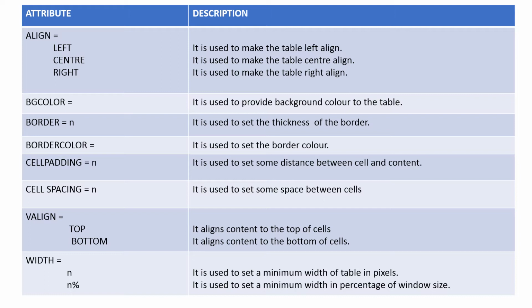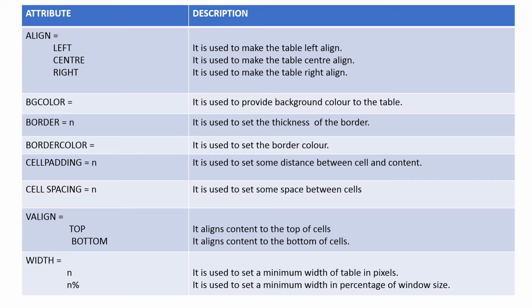Then the third attribute is border is equal to n. Here n is the size that you want to add to the table. You can add 4, 12, 20, depending on your requirements. Border is equal to n is used to set the thickness of the border.